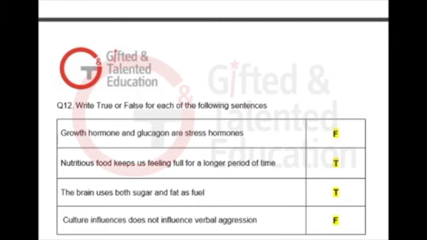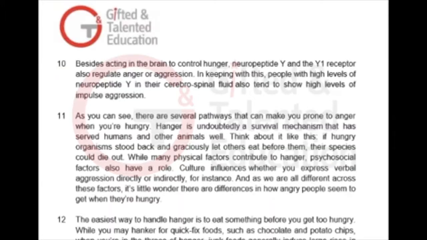In question 12, let's decide if these are true or false statements. First of all, growth hormones and glucagon are stress hormones. Well, that's false. Let's take a look at paragraph 7 to find out why.